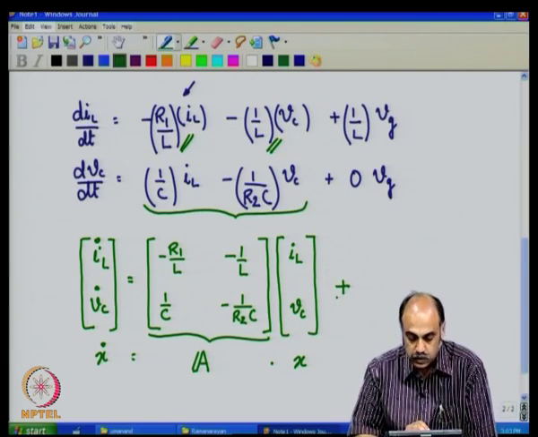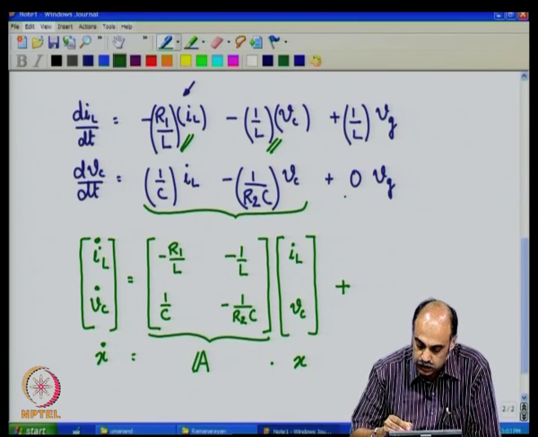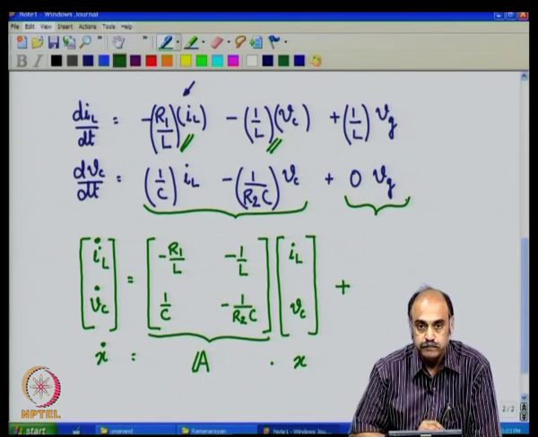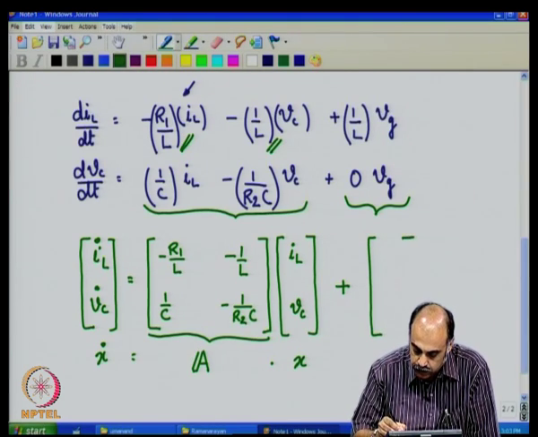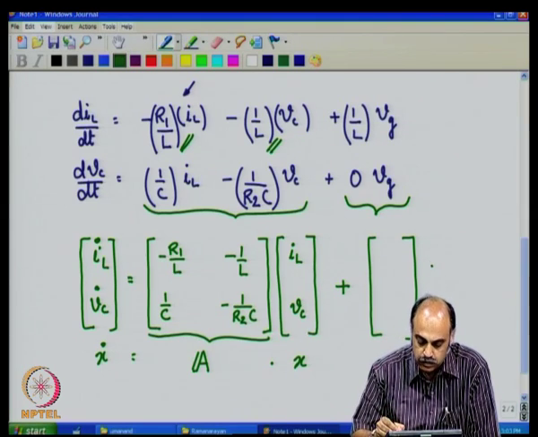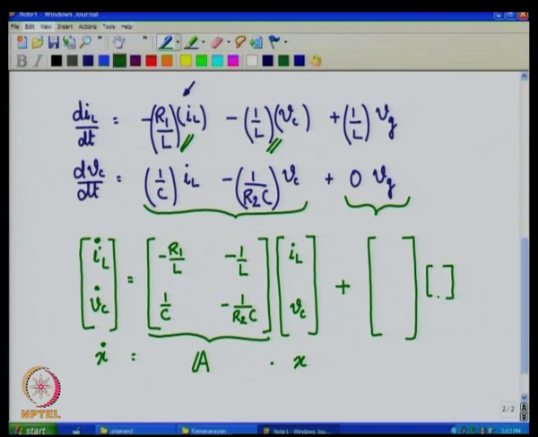Plus, still it is not complete, we need to address the input part. So, we make a placeholder for these two matrices. One is called the B matrix, another is called the U matrix, which is the input. So, this is nothing but Vg, and then looking at these two values, we populate the B matrix as follows.